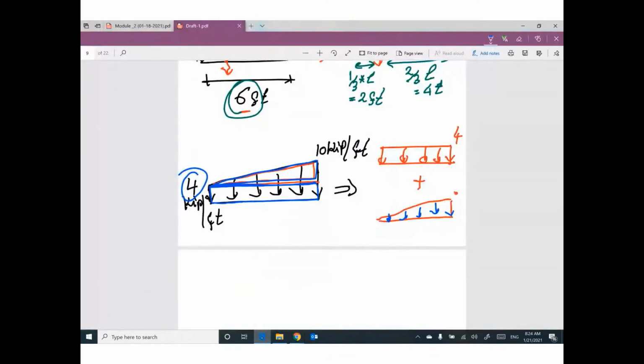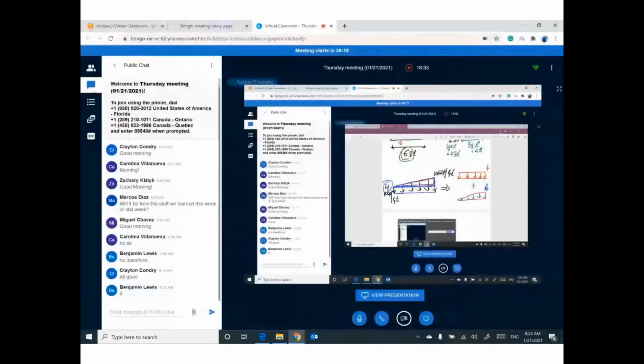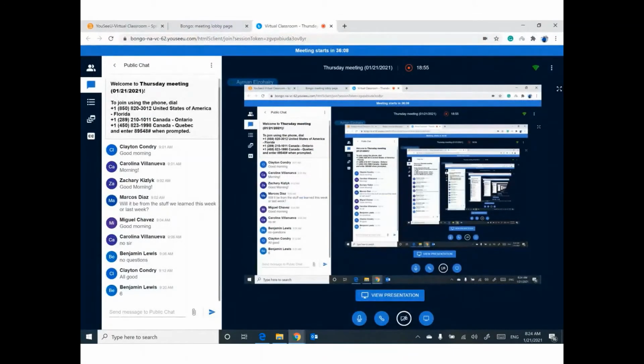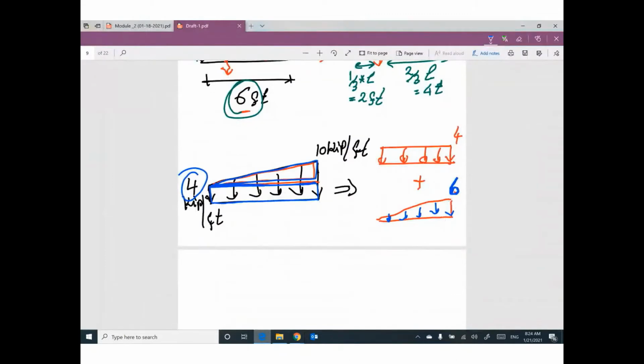Yes, 6. Then I can get the equivalent for this one at the midspan, and the equivalent for this one at 1/3 and 2/3, and that's it.